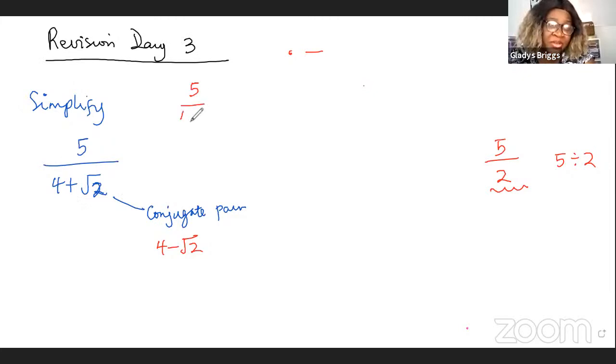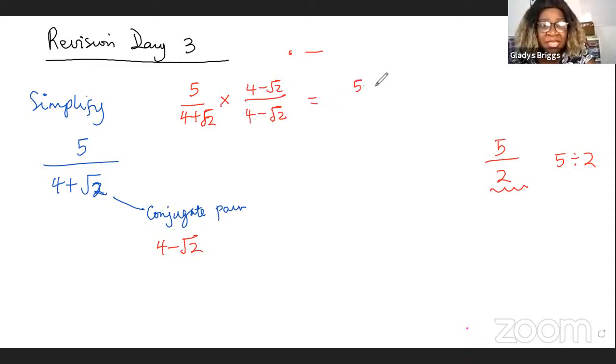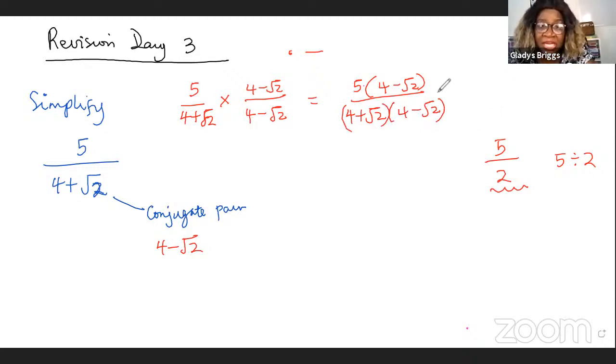5 over 4 plus root 2, yeah, times 4 minus root 2 over 4 minus root 2. So what you do now is you multiply the top numbers, and then you multiply the bottom numbers. Okay, and that's just going to give you, let me clear out this space so that we can do it.